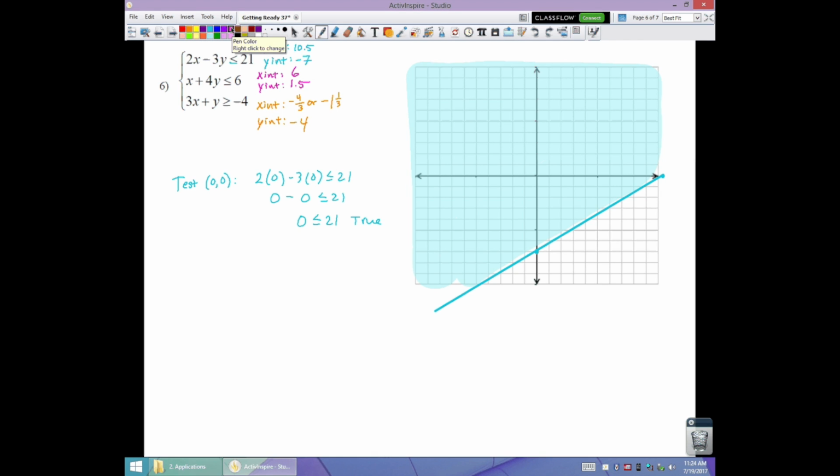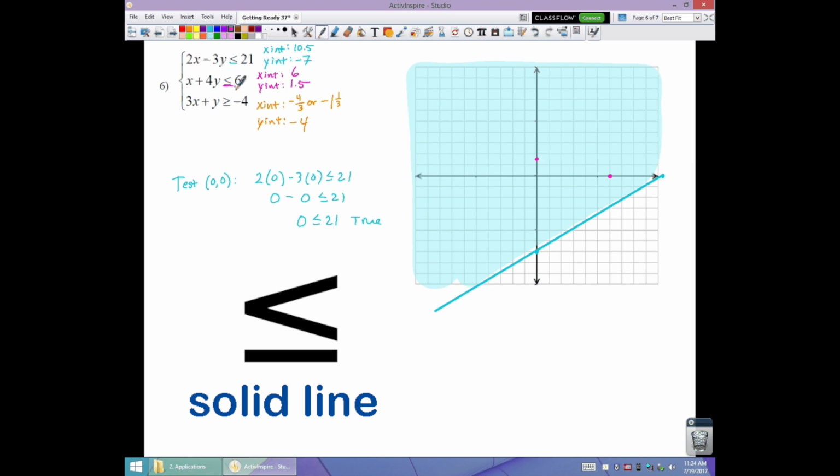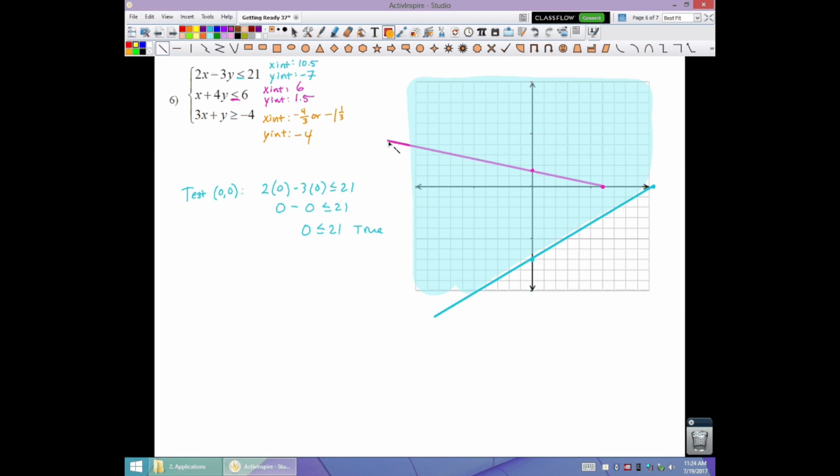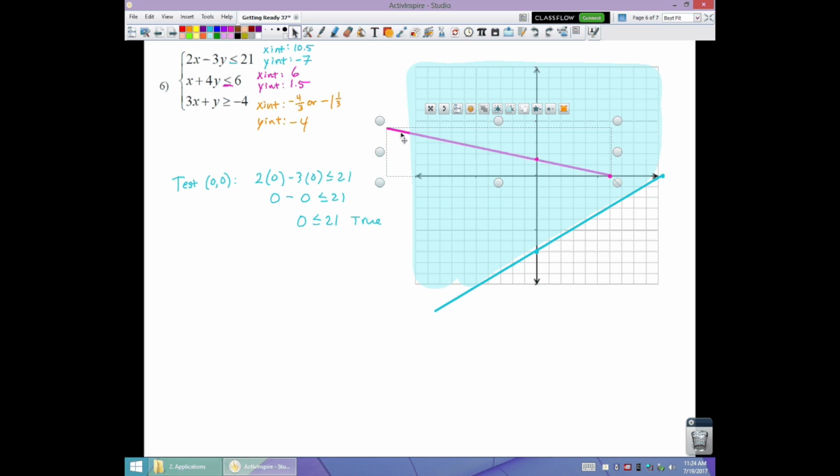The pink one, x-intercept is 6, so 2, 4, 6. Y-intercept 1.5. Another solid line. And we'll try our test point, which I can still use 0, 0, yes.